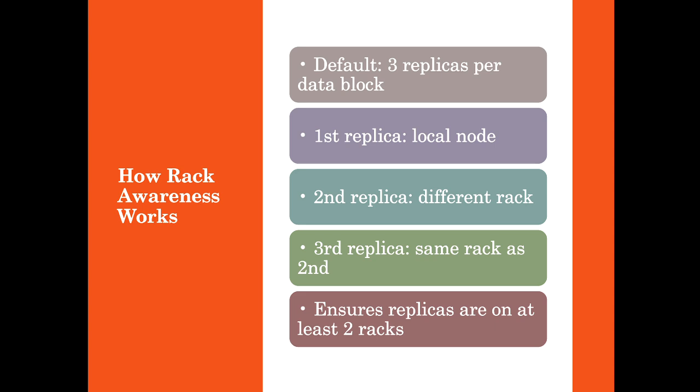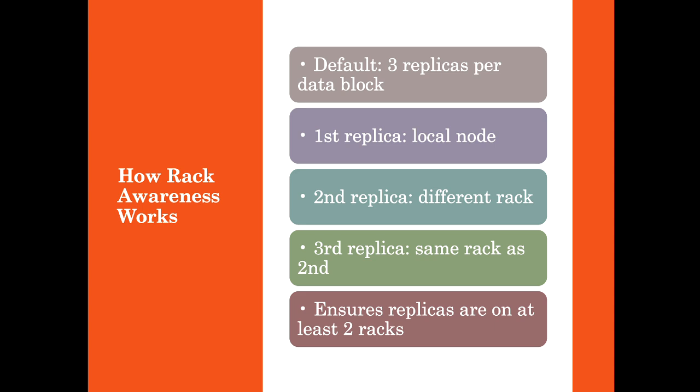In a large Hadoop cluster, there are multiple racks. Each rack consists of data nodes, and communication between data nodes on the same rack is more performance efficient as compared to the communication between data nodes residing on different racks.